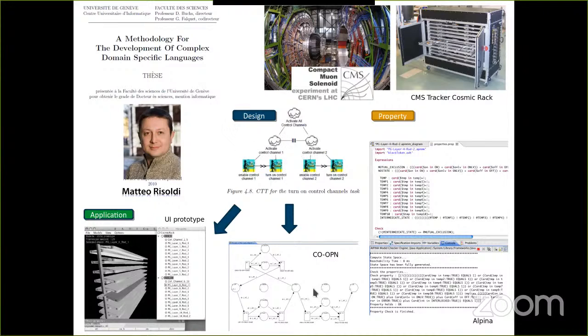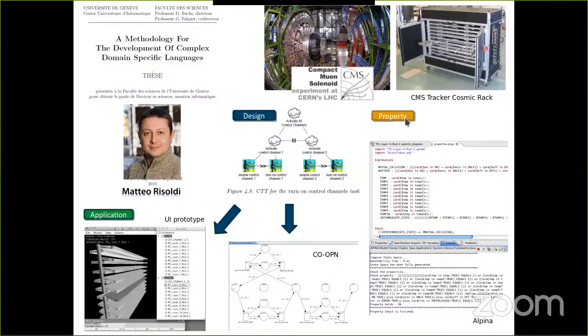But to analyze properties of PetriNets, we use languages such as LTL, linear temporal logic, or CTL, and they look awful. You have to be an expert, a logician, to be able to understand these languages. So there is actually a mismatch between the design language and the property language. And that's something we always have to be careful about.